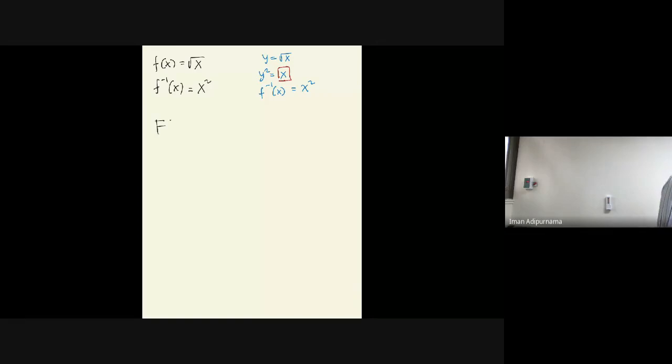Let's write another function, x squared minus 9. If f(x) is 0, what is x?